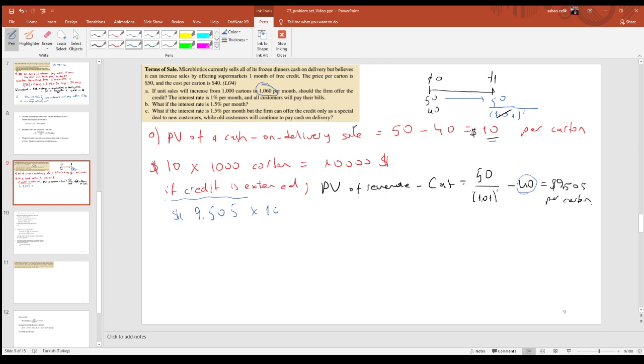So if you sell 1060, you will get $10,075. Which means you have a higher amount of money. That means if you extend the credit, you will benefit by an amount of $75.